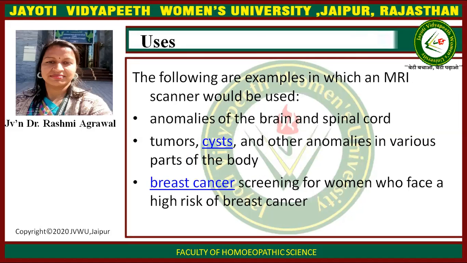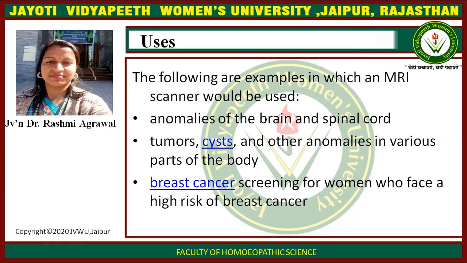Then uses. What are the uses? When do we need the MRI? These are the main uses: anomalies of the brain and spinal cord. These are general uses, not only related to obstetrics.